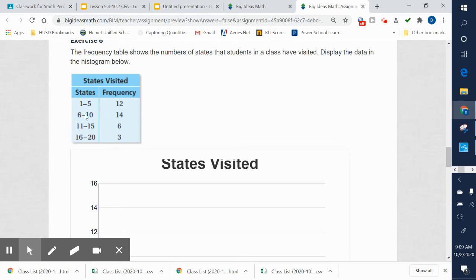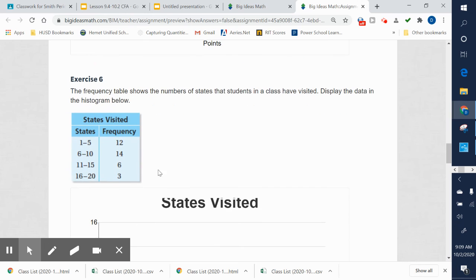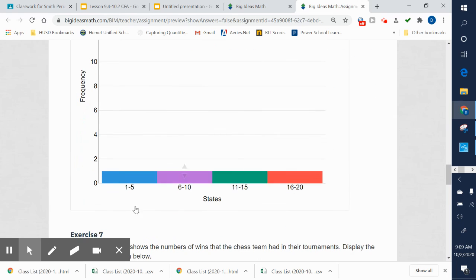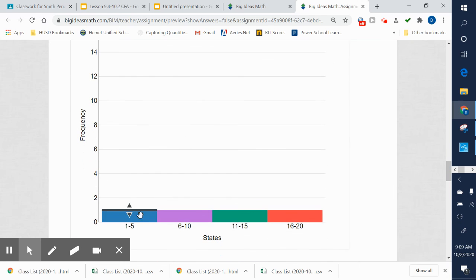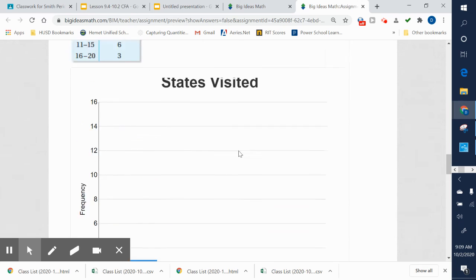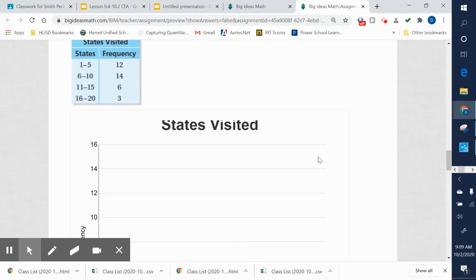The intervals are these ranges of numbers on the left, which also match up to those ranges. 1 through 5, 1 through 5. So your job is to simply find the frequency and make the bar graph as tall as it needs to be based on the number here. That's all you got to do today. Today is a pretty easy day.